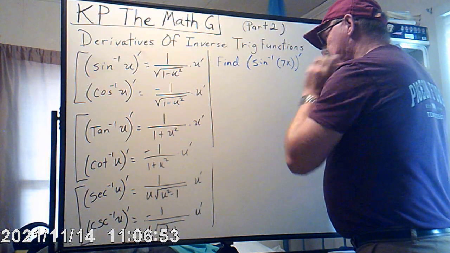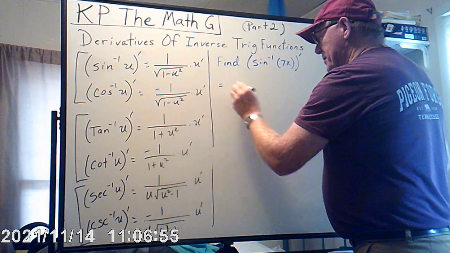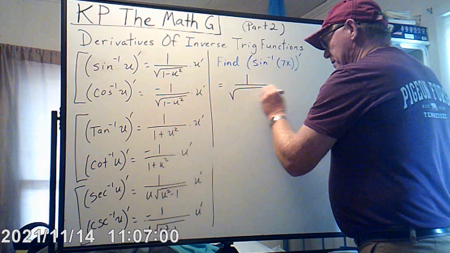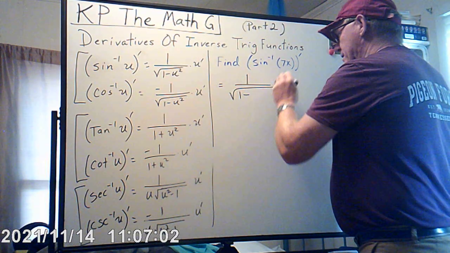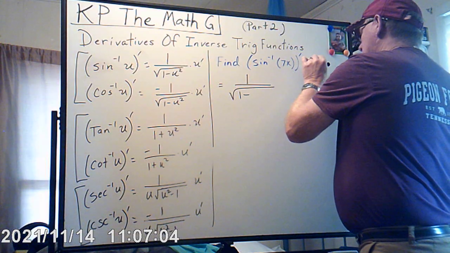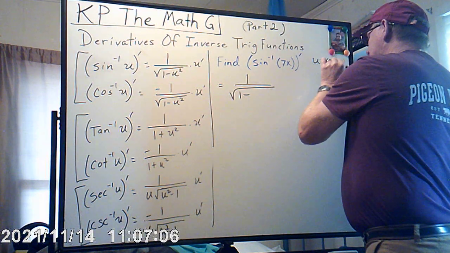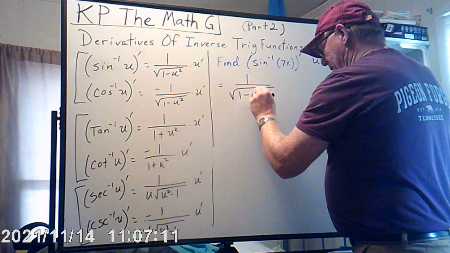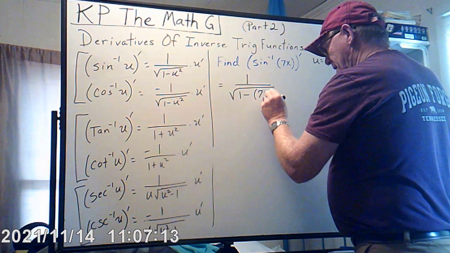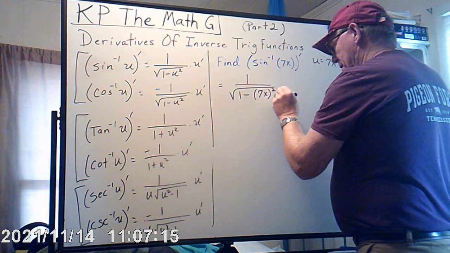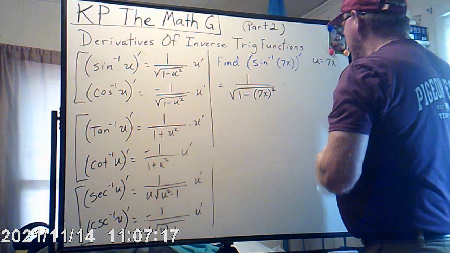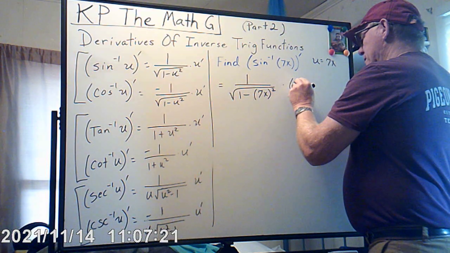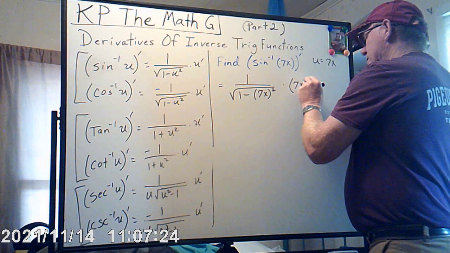That's equal to 1 over the square root of 1 minus u squared, where u is equal to 7x, so it's going to be 7x squared, times the derivative of u, so we're just doing kind of a chain rule here.